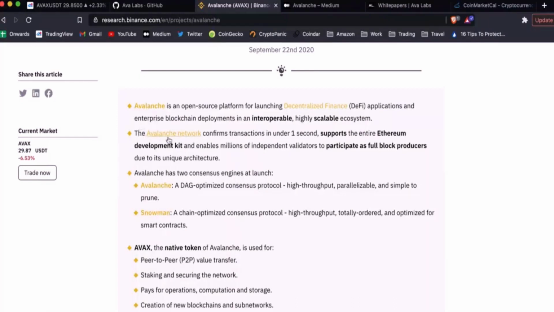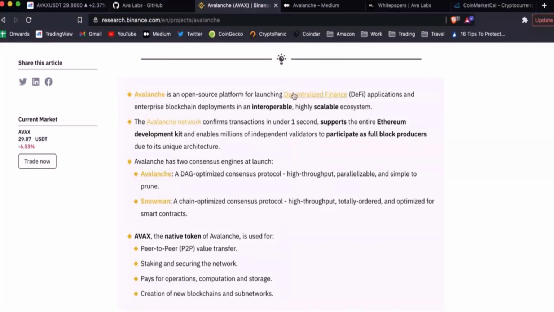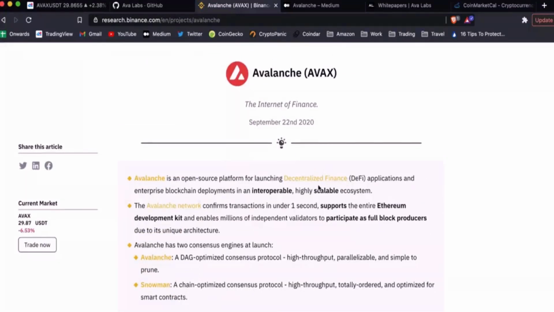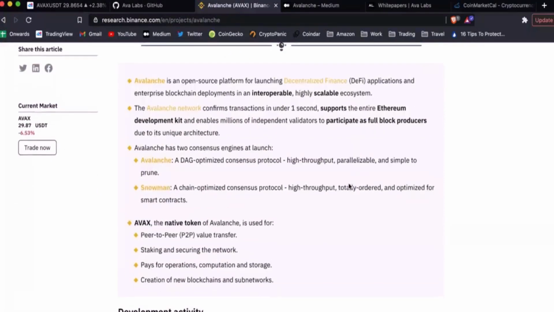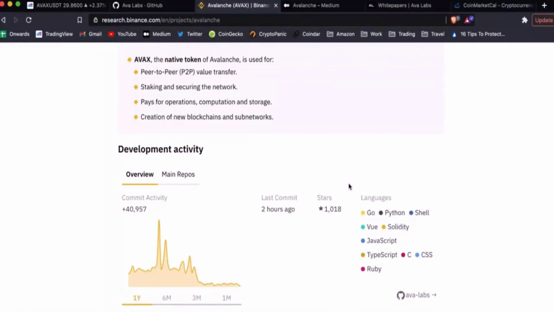Here's all the technical stats: how Avalanche can confirm transactions in under 1 second, support the entire Ethereum development kit, and enable millions of independent validators to participate as full block producers due to its unique architecture. You can see it's an open source platform for launching DeFi applications and enterprise blockchain deployments. So while they are a smart contract platform, they have chosen to focus on the space of DeFi, decentralized applications.